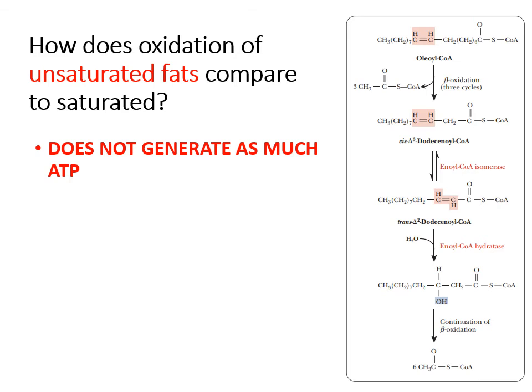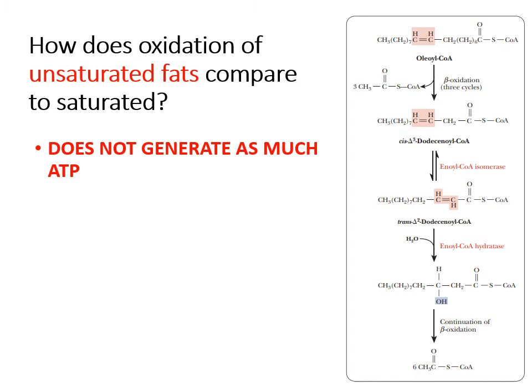Now, when we talk about the oxidation of fatty acids, I do want to point out that unsaturated versus saturated fats or fatty acids can make a difference in terms of the ATP yield. So unsaturated fats do not generate as much ATP compared to their saturated fat counterparts.